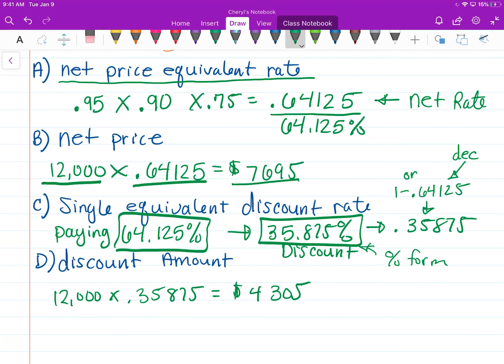Now, the other way that I could calculate my discount amount is I know if my list price is $12,000, and if I know my net price, which we figured out before, and part B is $7,695, then whatever the difference is between these two would have to be the amount that I get discounted. So you could do it this way, or you could do it the second method.